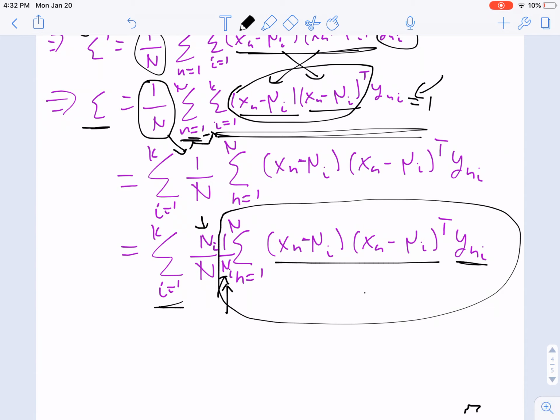That gives you the covariance of the data points in class i. And then we weight that by n_i over n, which is the fraction of total data points that are in that class. So the overall covariance matrix is just the average of the class covariance matrices weighted by what fraction of the overall data points are in that class.